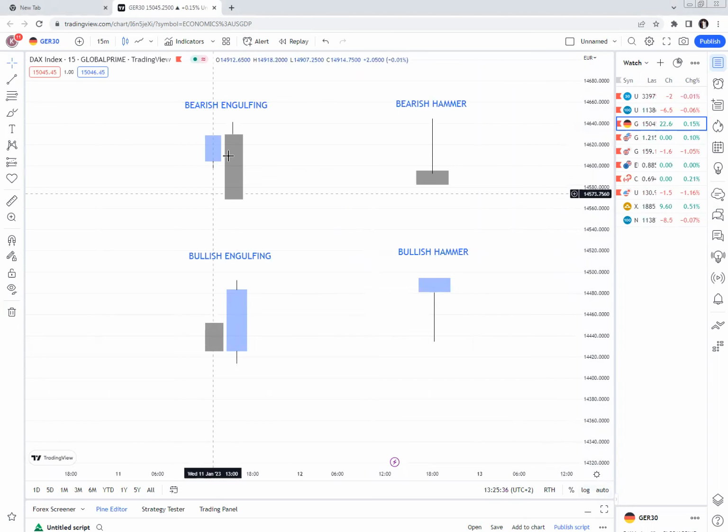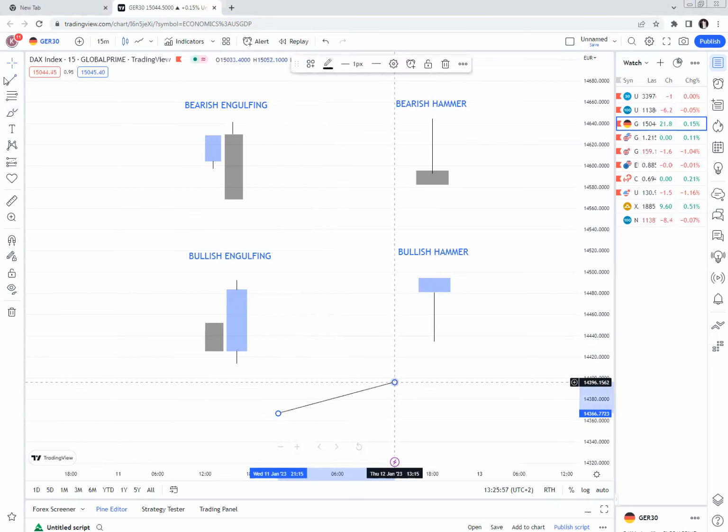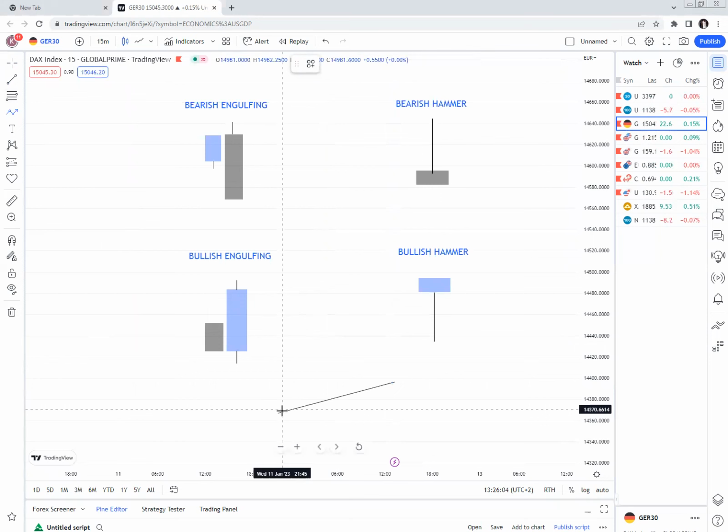So the first one is a bearish engulfing candlestick. And by the way, someone will ask, why are you saying you use candlesticks? So after analyzing, let me just do a setup here, a drawing. Let's say you are analyzing, and the market was respecting your trend line.